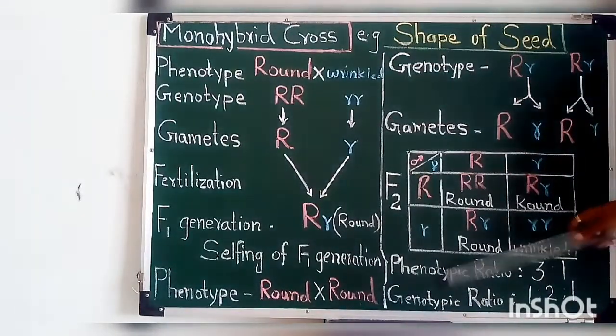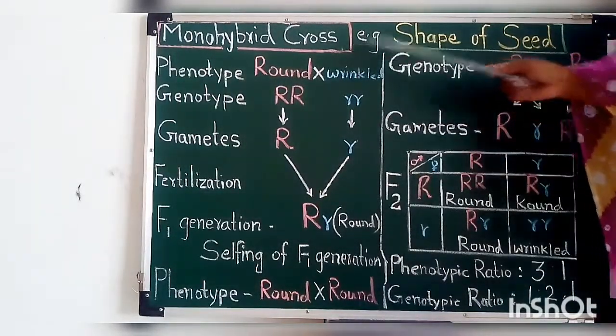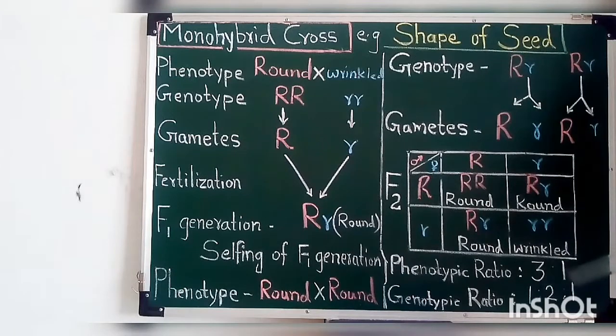That means the phenotypic ratio for monohybrid cross is 3:1. 3 refers to round shape of seeds, hence the number 3. This 1 represents the wrinkled shape of seed, hence the number 1. And the phenotypic ratio becomes 3:1.